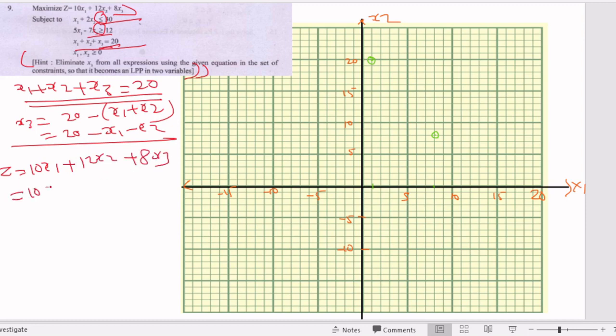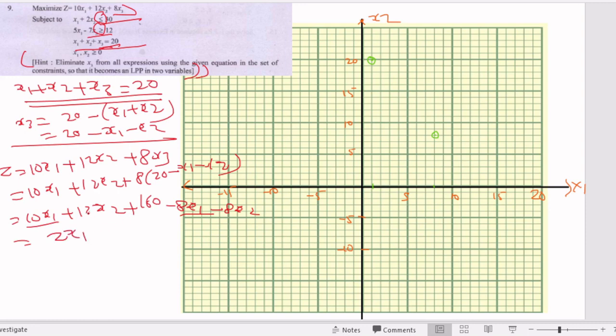Let's substitute here: 10x1 plus 12x2 plus 8 in bracket 20 minus x1 minus x2. Once you open the bracket, 12x2 plus 160 minus 8x1 minus 8x2. So 10x1 minus 8x1 will be 2x1, 12x2 minus 8x2 is 4x2, plus 160.